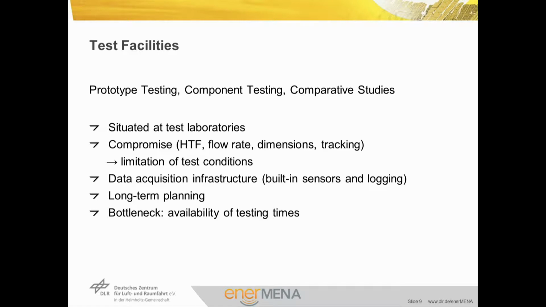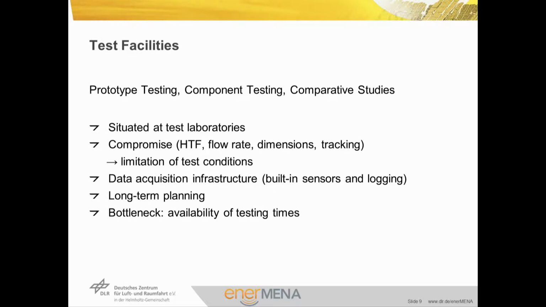In terms of testing conditions, like the kind of HTF used, its flow rate, maximum dimensions of a unit under testing, or angles of incidence, their design always constitutes a compromise between desirable test conditions and investment in the test infrastructure. As a consequence, test conditions are limited in one way or the other depending on the main focus of the test facility. Furthermore, test facilities provide the required data acquisition infrastructure. This includes built-in sensors and data logging.